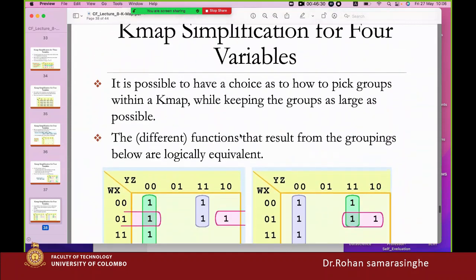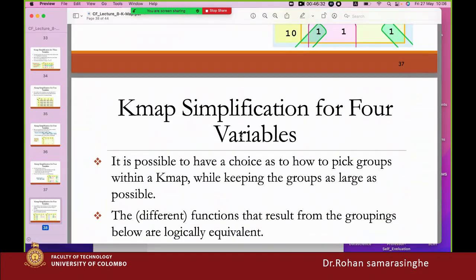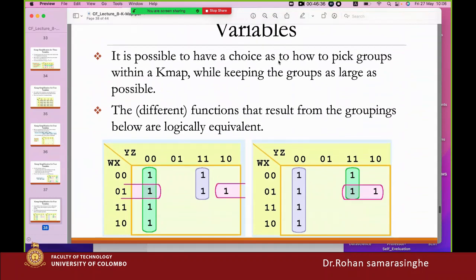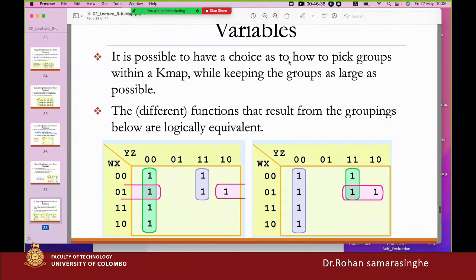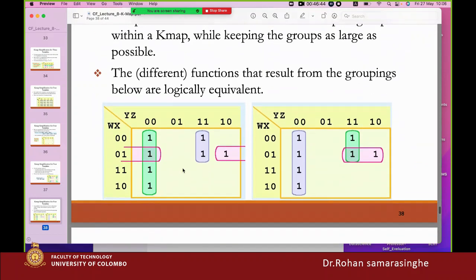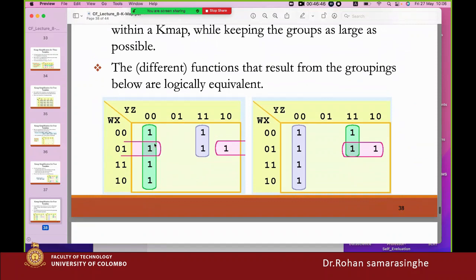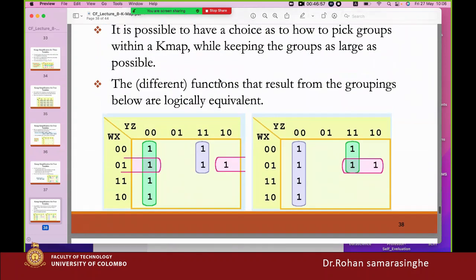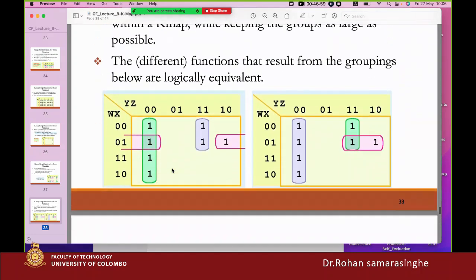K-map simplification for 4 variables: it is possible to have a choice of how to pick groups within the K-map while keeping the groups as large as possible, so you can see the same problem can be grouped in two ways. The different functions that result from the groupings below are logically equivalent, so you don't need to worry about it.